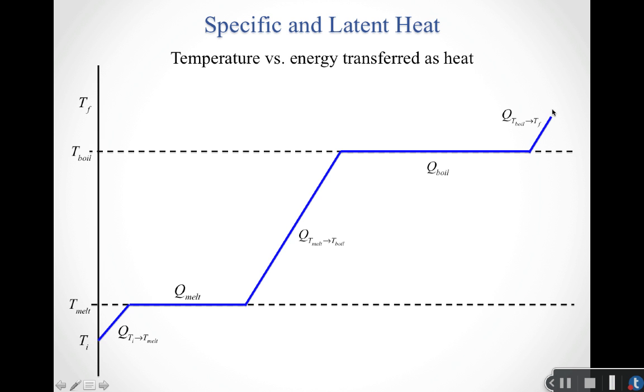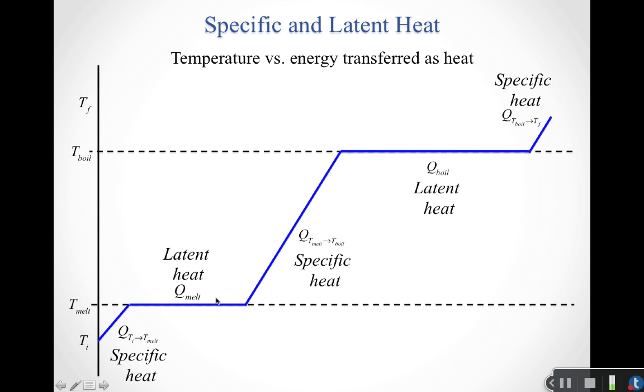So notice as we go from some solid below the melting point to some gas above the boiling point, there's actually 5 processes involved in doing this. 3 of them are specific heat processes because, again, there's very clearly a temperature change here from the initial temperature to the melting point, from the melting point to the boiling point, from the boiling point to the final temperature.